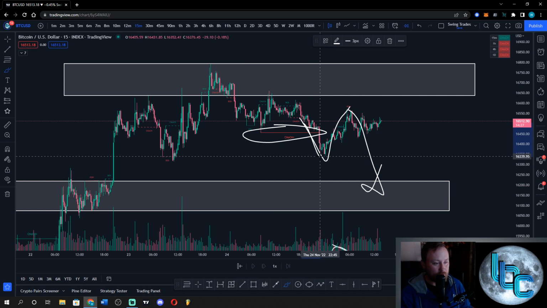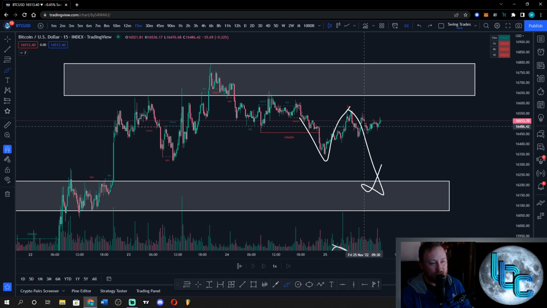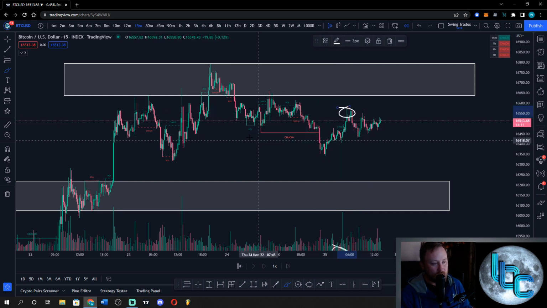But we also came down and we broke up. We had a smaller change of character here, but then we had an equal high up here, which is essentially a double top.